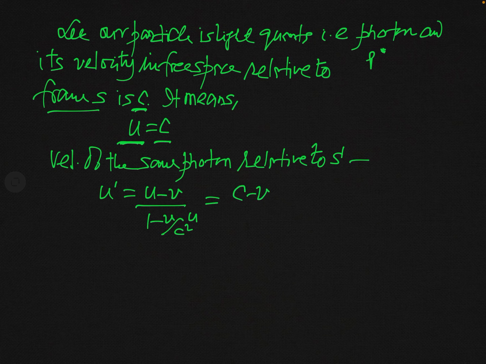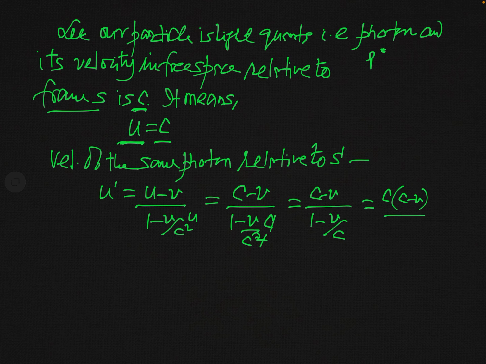So our result will be (c minus v) over (1 minus (v over c square) into c), not c square into c. And so this will be c minus v. Here one c will actually cancel out, and in denominator that term is 1 minus v over c. Take the LCM and you can see this c will be in the numerator, c minus v over c minus v, and this will cancel out, and you can see our result is u prime equal to c.